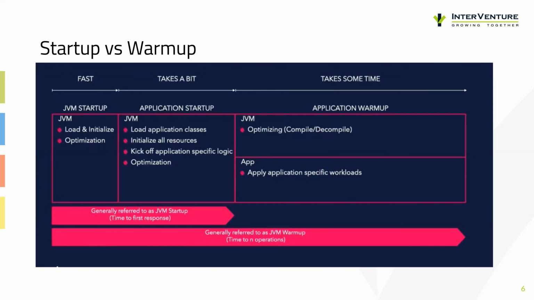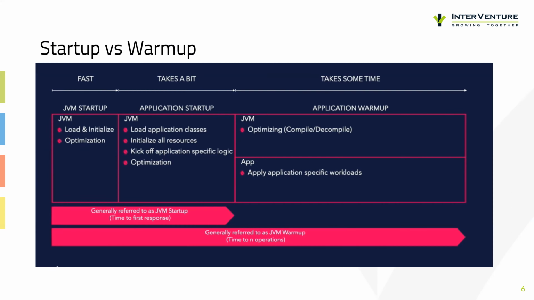The JVM loads its classes and then initializes resources, performs some optimizations, and the application is ready to be used. And that's what we typically refer to as the time to first response. So we can send a request to that application and get something back. But that does not mean that this application is properly warmed up. That is what happens in the third phase of this timeline, which is the application warm-up.